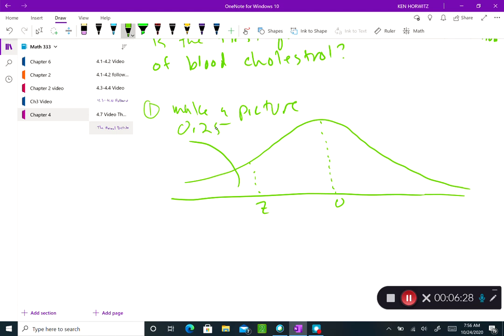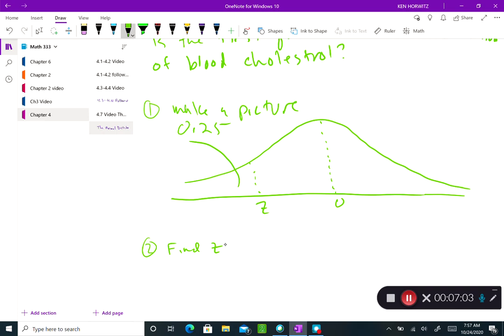So the next thing we need to do is find z. The way we find z is we go to our chart. Now, instead of looking in the z column on the left, I'm going to look inside the body of the chart for 0.25. I don't quite find 0.25, but I do remember from part 1 that these values are rounded because they go out way more decimal places than 4.